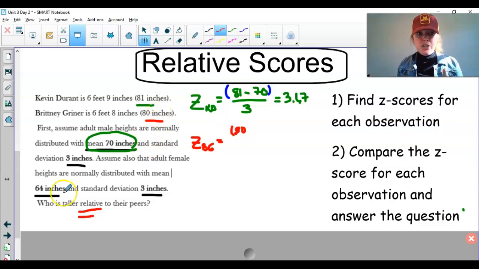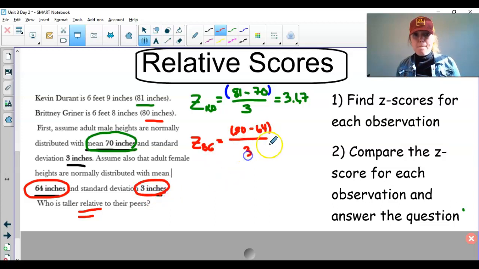So we have 80 inches, and then we have the mean for females, which is 64, so minus 64, divided by the standard deviation for females, which is also 3. 80 minus 64, hit enter, divided by 3. That gives us 5.33 repeating.